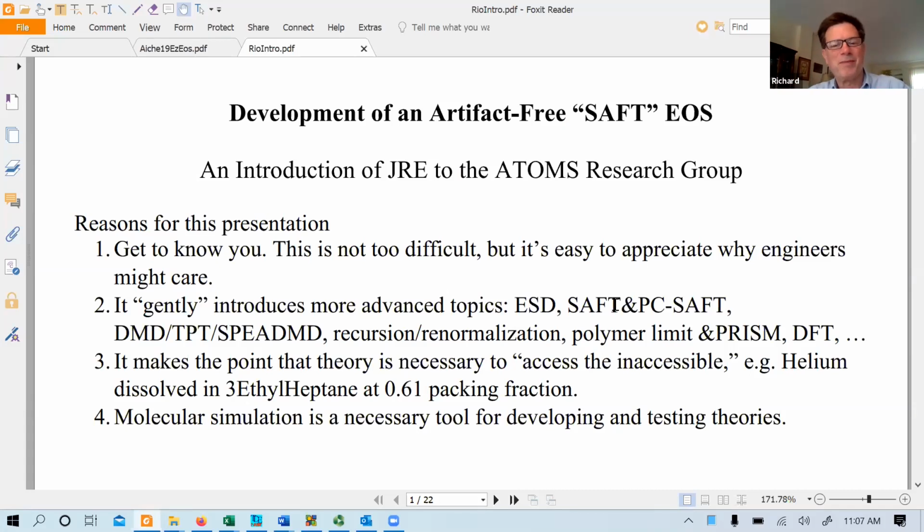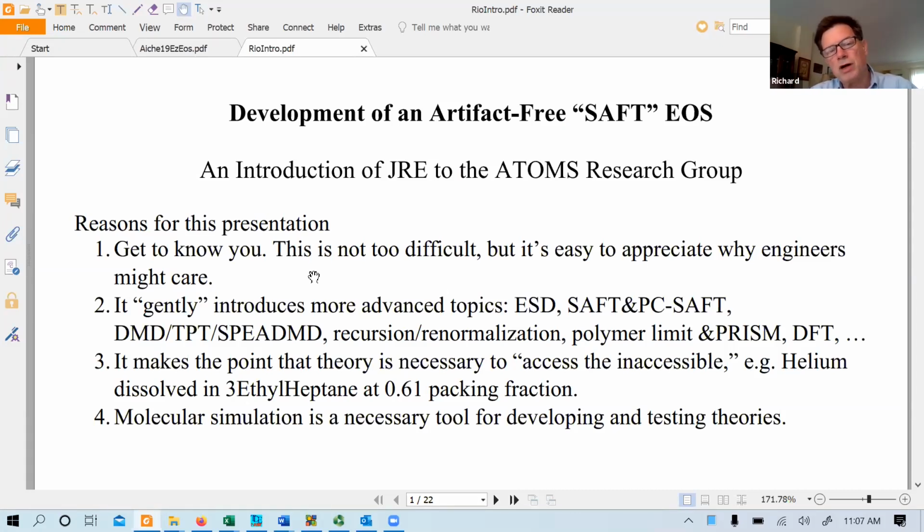So I picked a topic for this introduction that is maybe a little bit simpler than the average. And I wanted to do that because for starters, we need to get to know each other better. And especially with 48 people, there might be some diversity in the crowd.